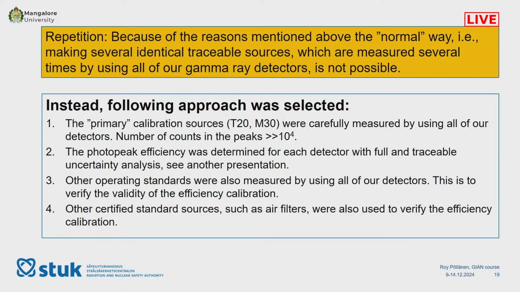So statistical uncertainty is less than 1%. I mean the square root of this number, in terms of percentages, of course.